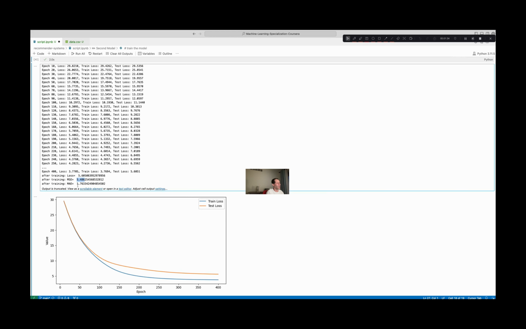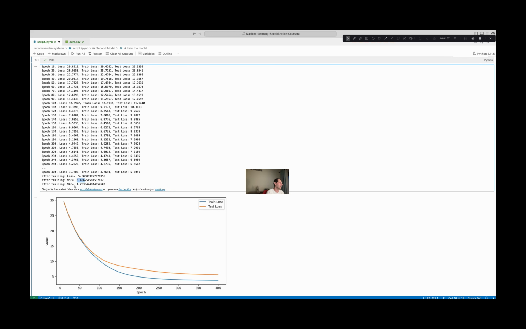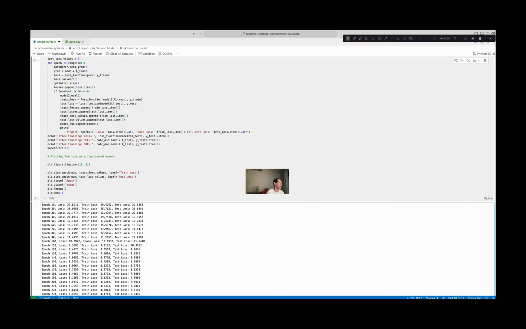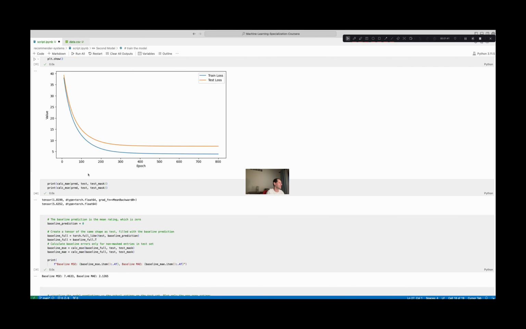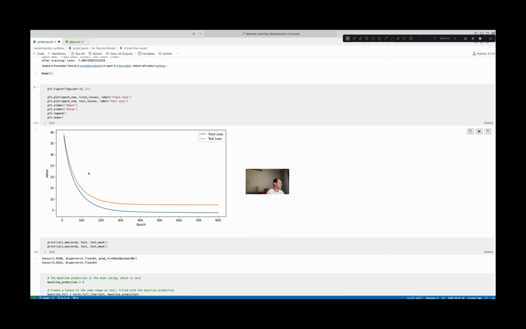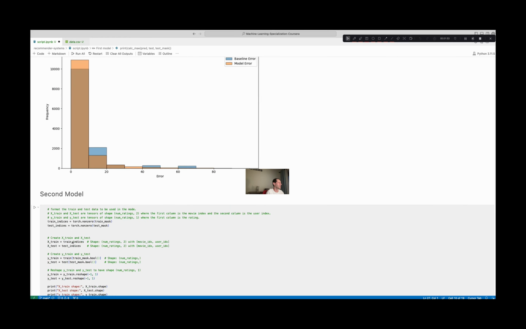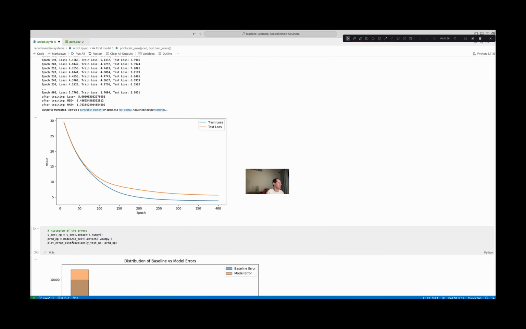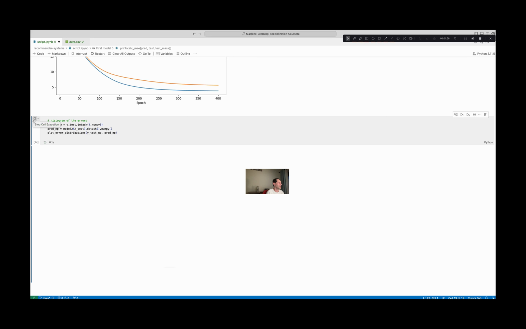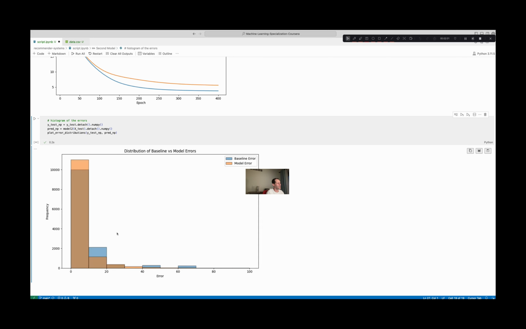And the mean absolute error, which is more tangible, 1.76 versus 1.82. So there's a noticeable improvement in model performance, and if I plot the errors, you see that the errors are all centered, not all, but much more centered around 0 than the baseline model was.